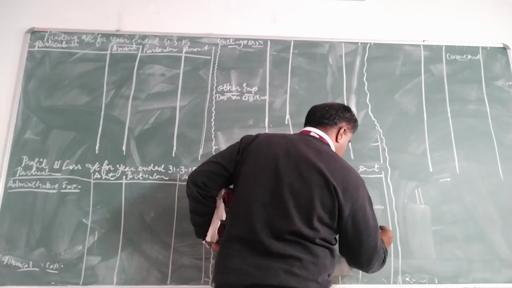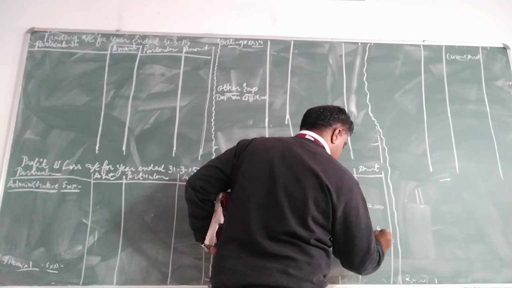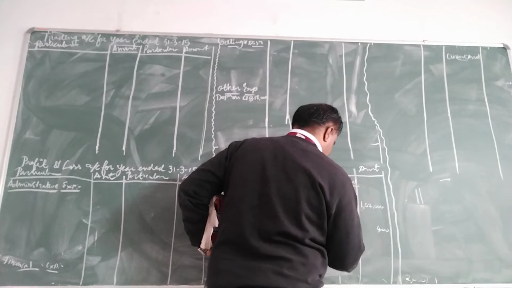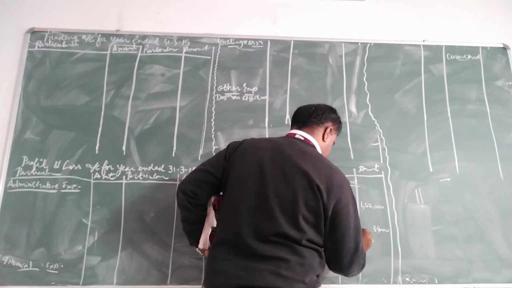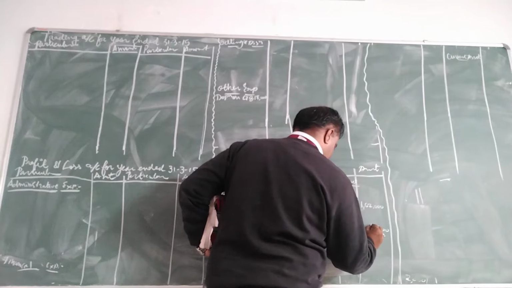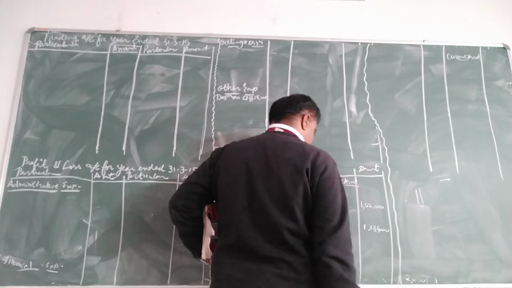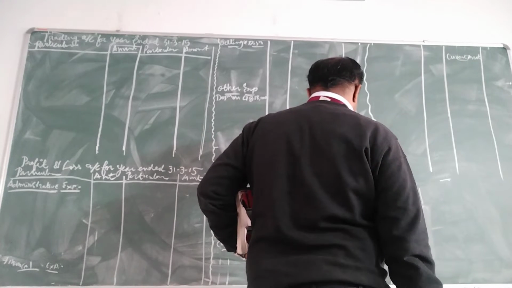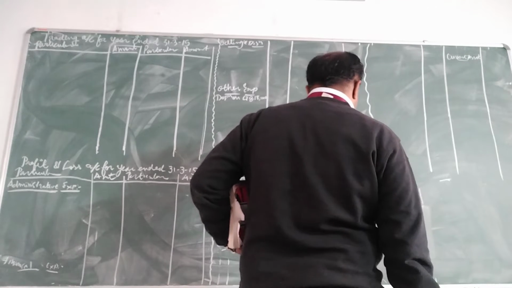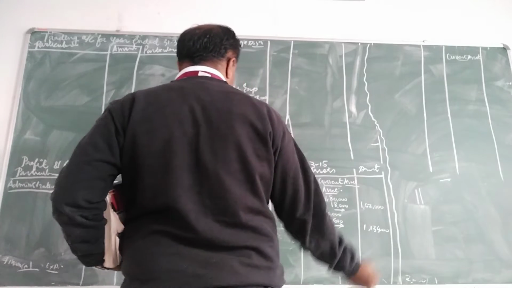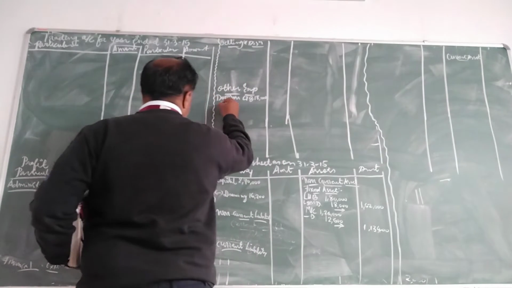So outer column, one lakh 13,400. Depreciation written over here.